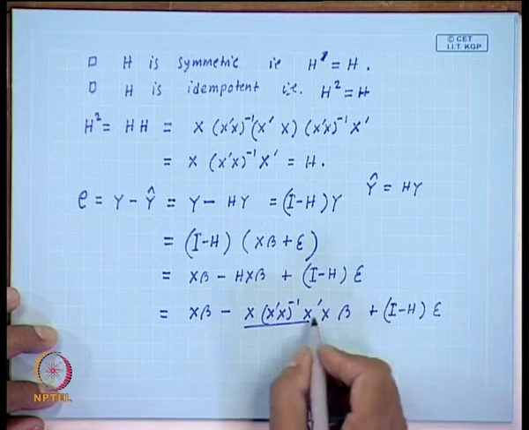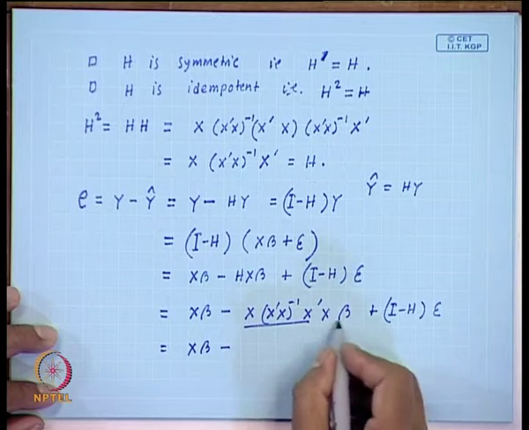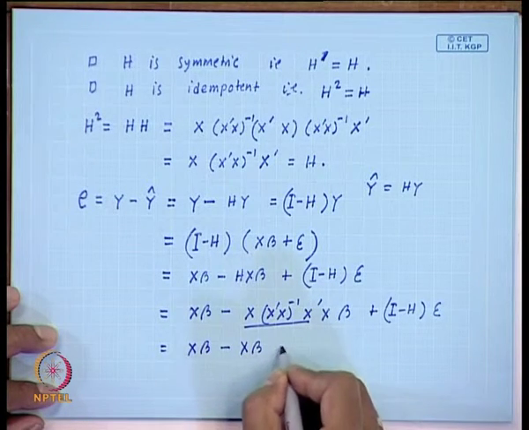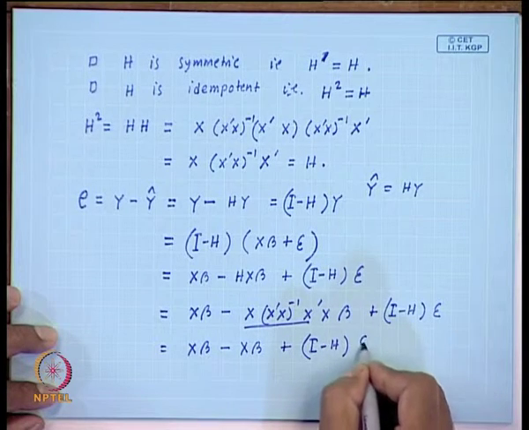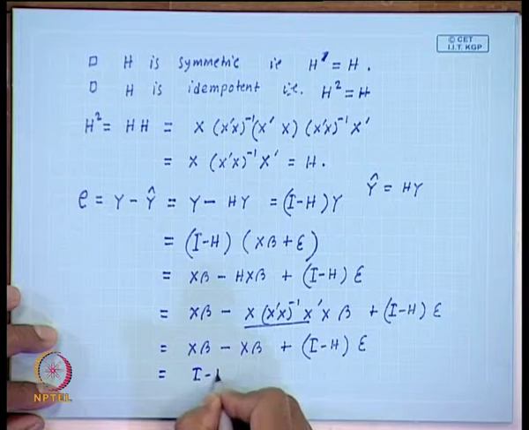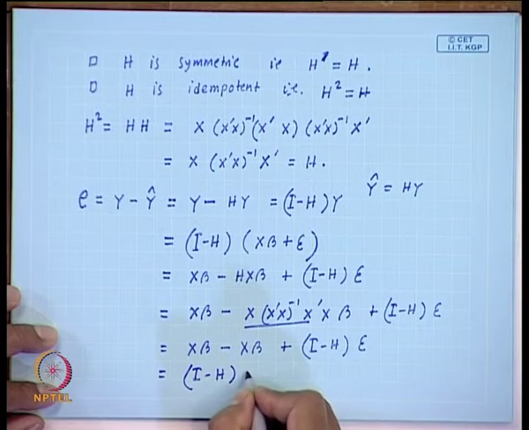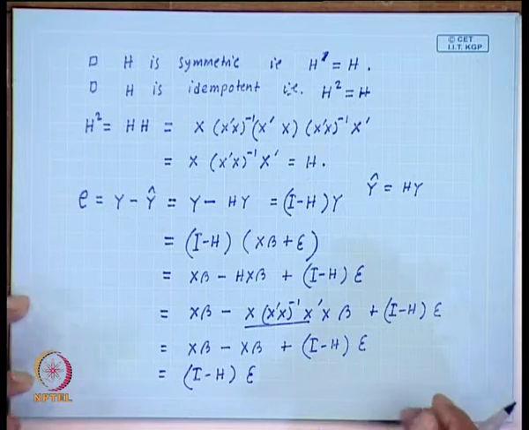Okay. So, this one is nothing but, so this is X beta minus again X beta plus I minus H epsilon. So, this is equal to I minus H epsilon. Okay.